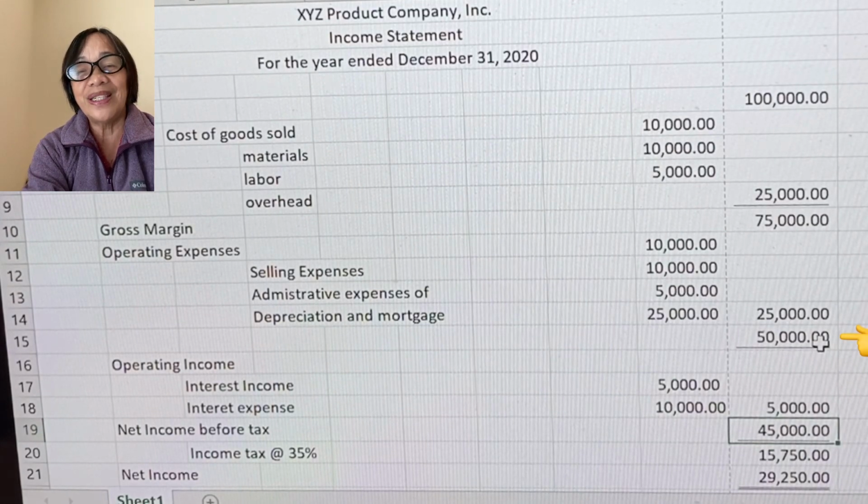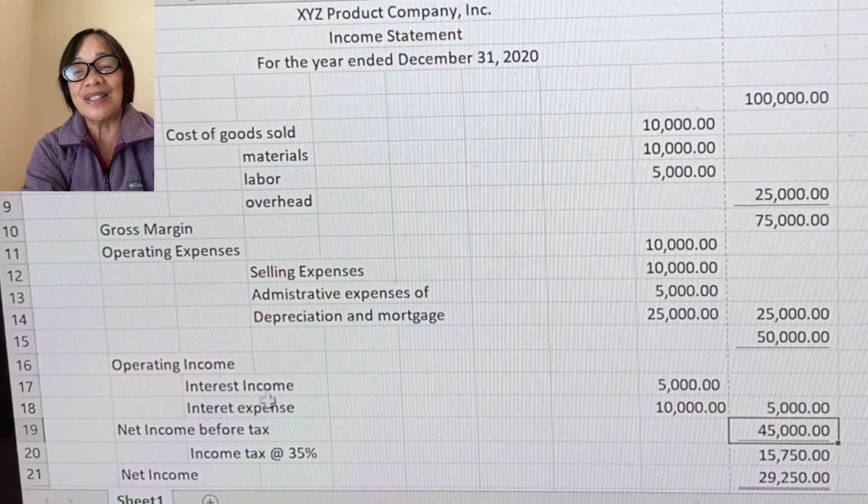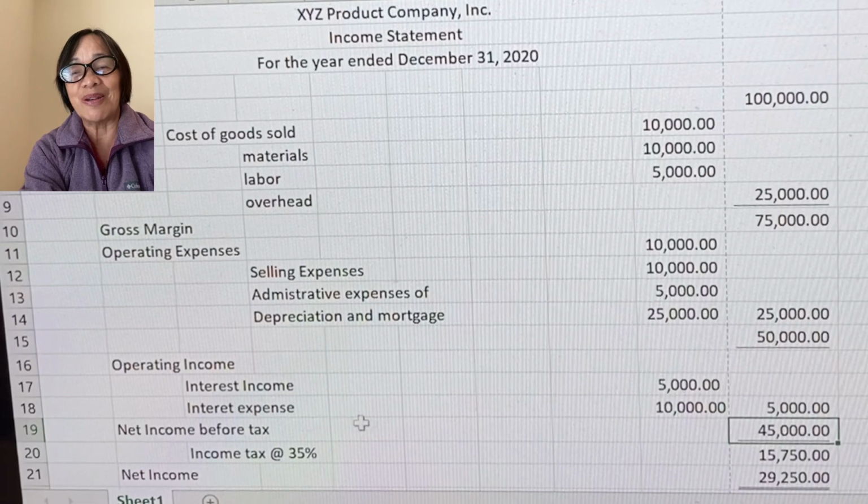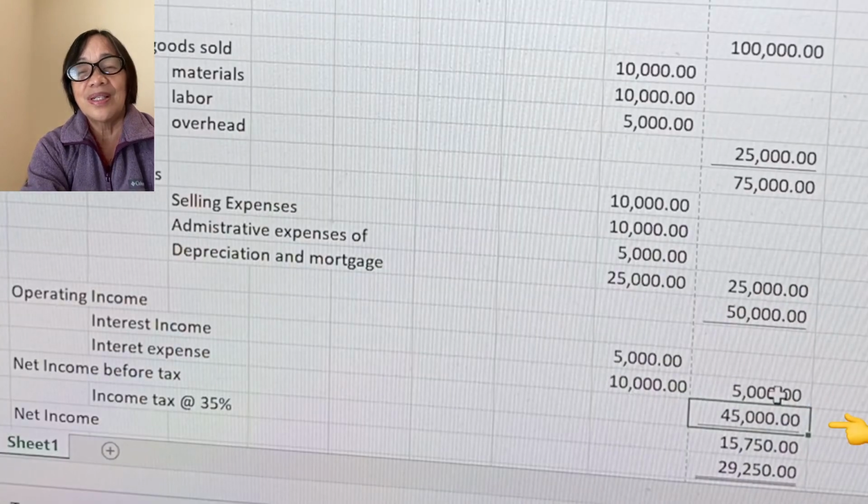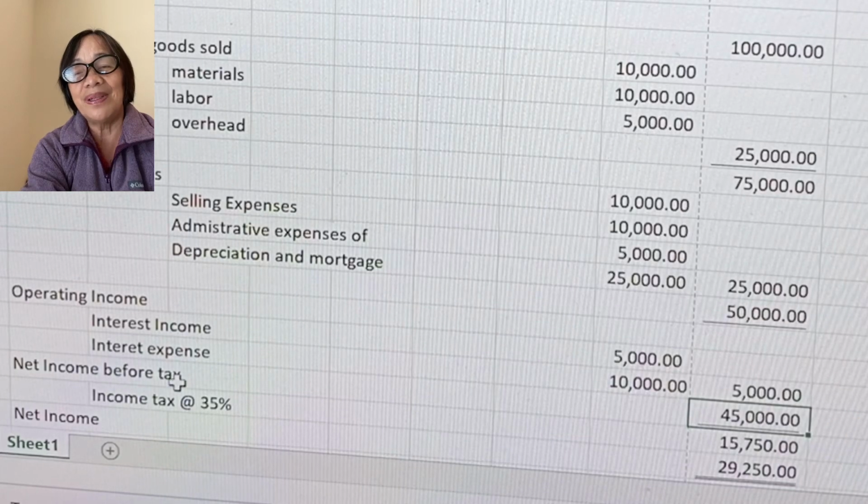From our operating income amounting to 50,000, we will deduct our other expense, which is 5,000, and we will arrive at our income before tax amounting to 45,000. After that, our applicable rate is 35%.